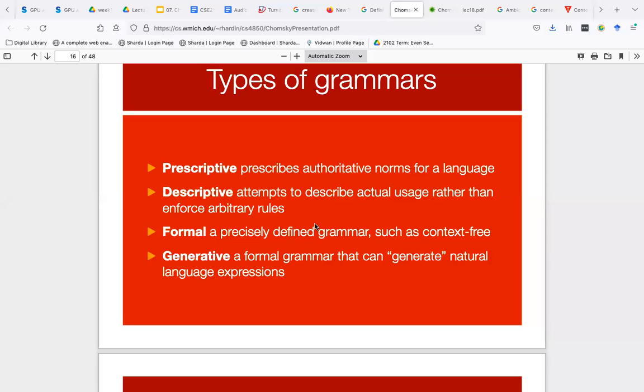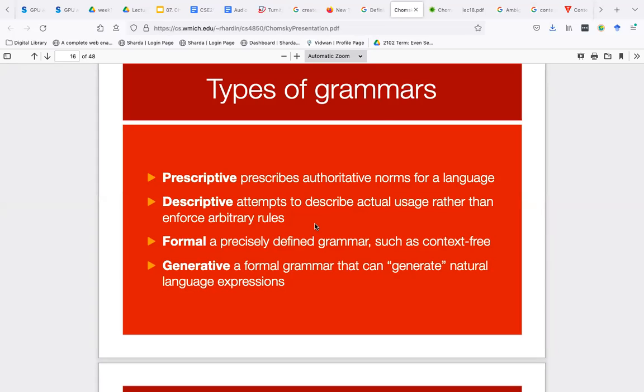Descriptive. Now, descriptive attempts to describe the usage of the language rather than enforce arbitrary rules. So usage is rather more important. If you just say English, I'm not asking you to go much deep into it, but English is not as prescriptive as Sanskrit is or as C language is. C language is very prescriptive, which means everything has its own fixed rule for how to write it.